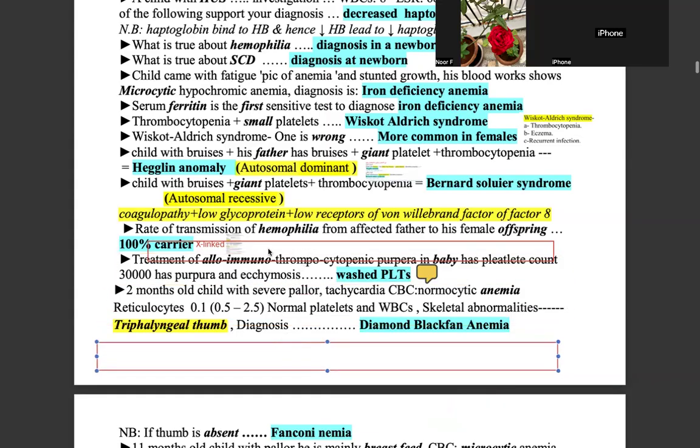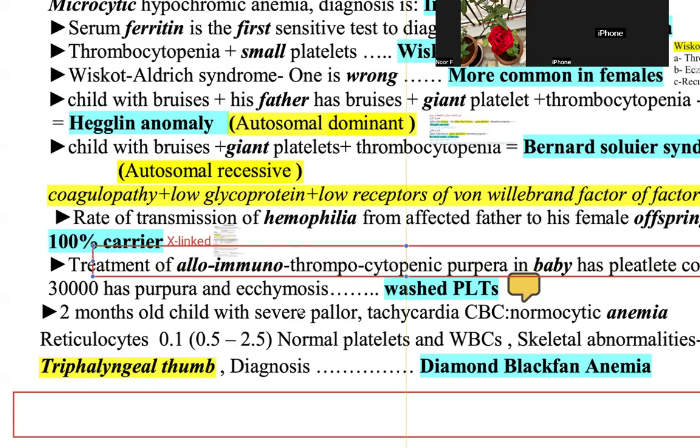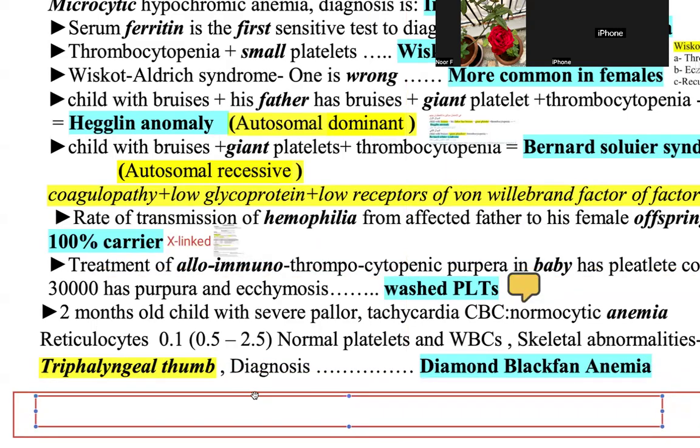Can you repeat the last explanation, please? Which one? Hemophilia, yeah. See, in hemophilia, we will take an example. He is asking about hemophilia from affected father to his female offspring. So affected father is XY, right? He is affected, so we keep the dot here. Mother is not affected, we'll just write XX.